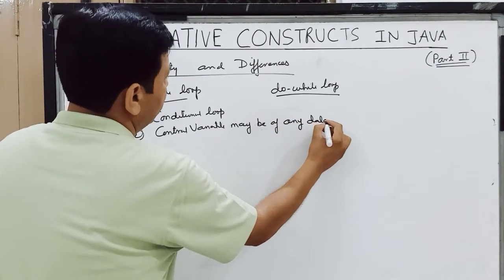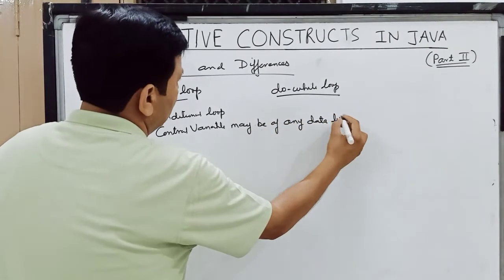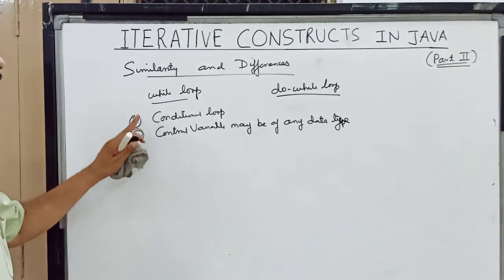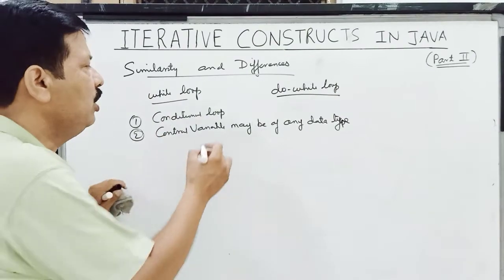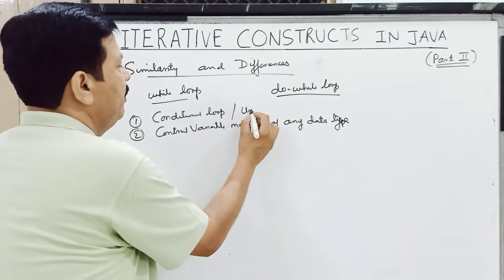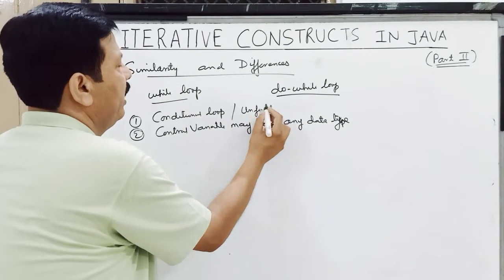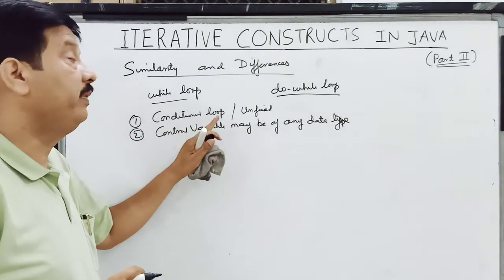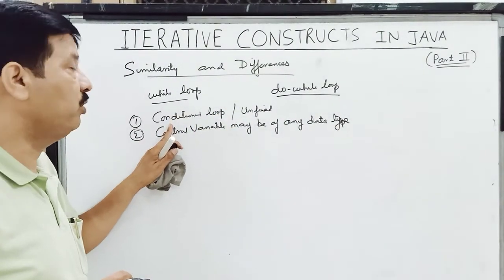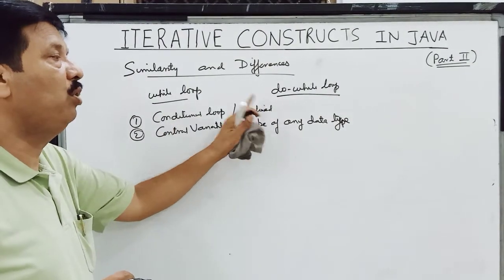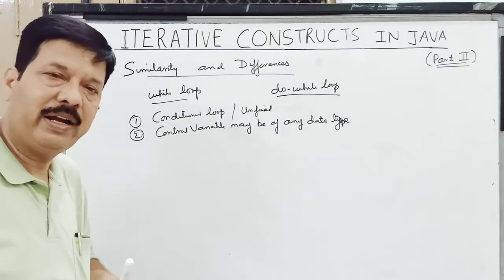So the similarity is that both the loops are conditional loops, the number of iterations are unfixed. So unfixed number of times these loops are going to get executed. The loop is only going to get executed till the condition is true. Then control variable in both these loops may be of any data type.